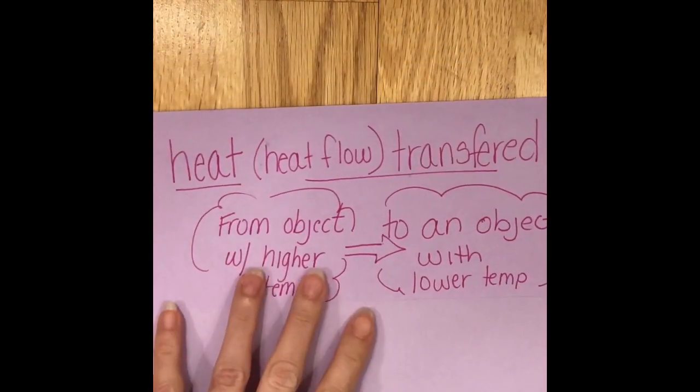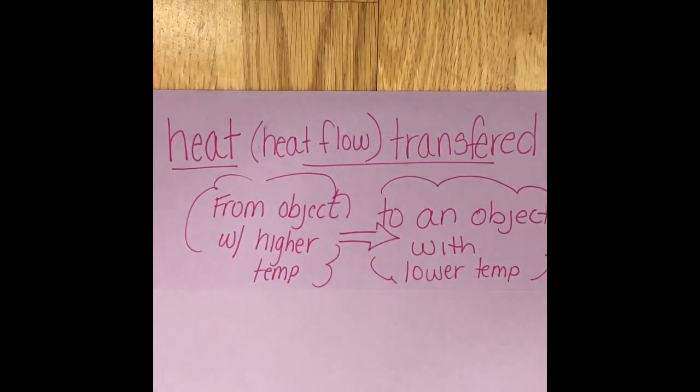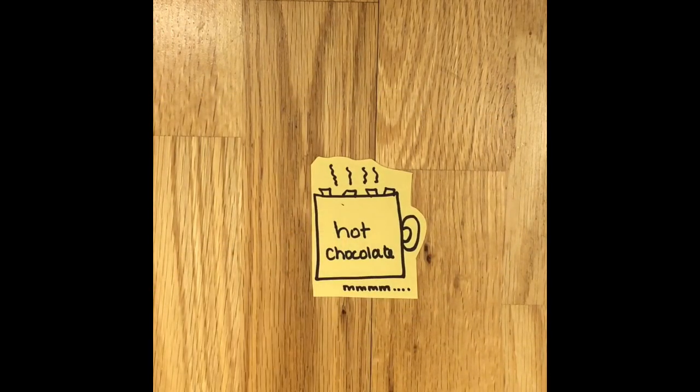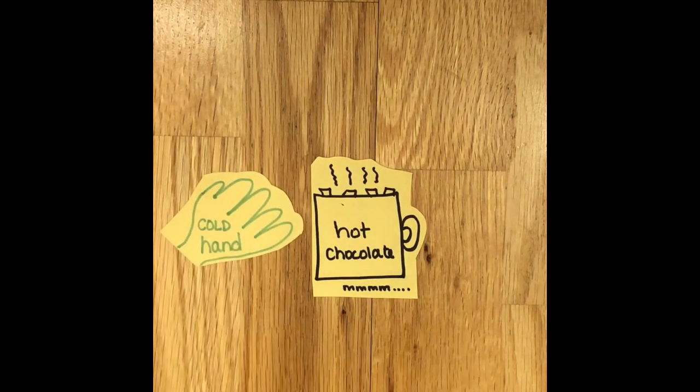So the thing about heat that you should know is that heat flows. It gets transferred. And the transfer is actually in one direction and one direction only, and that is from objects with a higher temperature to an object with a lower temperature. So in this instance, we have our hot chocolate, yummy, and my cold hand.